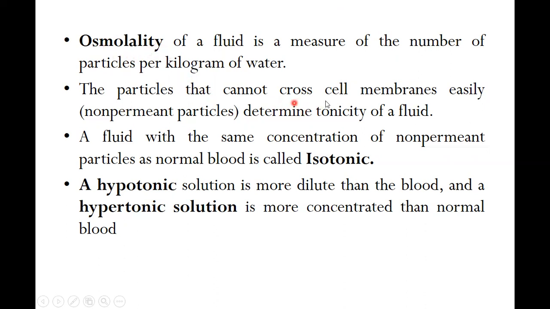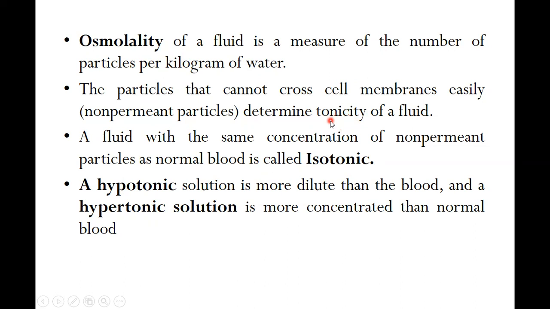Now, the particles that cannot cross the cell membrane easily, we refer to these as non-permeant particles. Non-permeant particles, those that cannot cross the cell membrane easily, determine the tonicity of a fluid. They determine whether a fluid is hypotonic or hypertonic or isotonic.